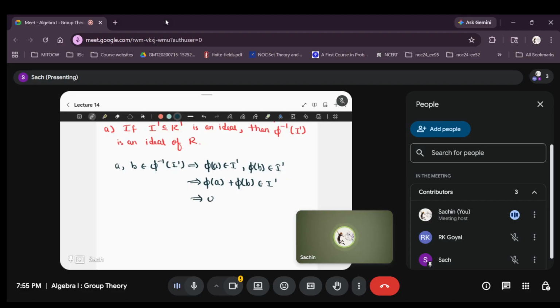But by the ring homomorphism property, this is simply phi of A plus B. So A plus B has its image in I prime. That means A plus B is in the inverse of I prime, right? So if A and B are in phi inverse of I prime, A plus B is in the phi inverse of I prime.